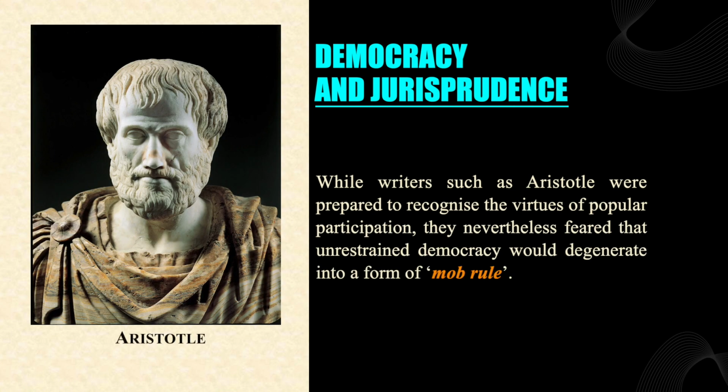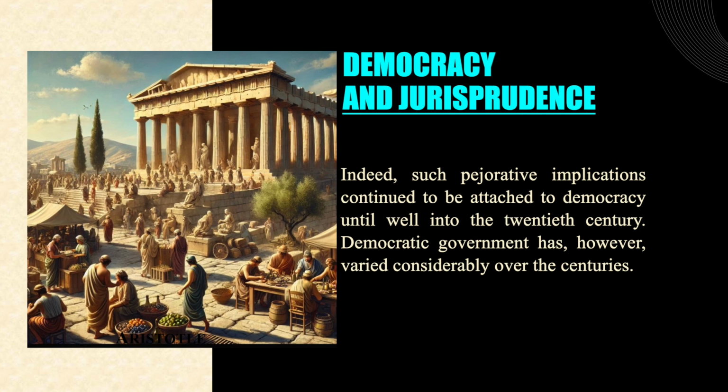While writers such as Aristotle were prepared to recognize the virtue of popular participation, they nevertheless feared that unrestrained democracy would degenerate into a form of mob rule. Indeed, such pejorative implications continued to be attached to democracy until well into the 20th century.